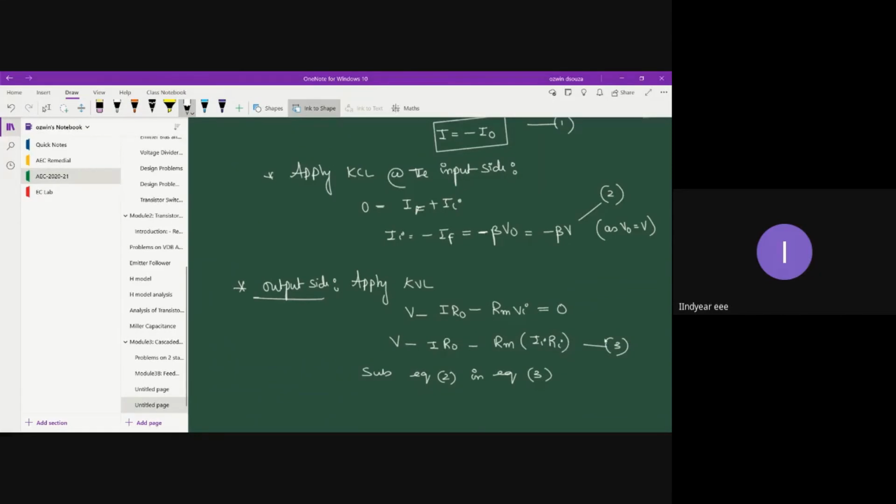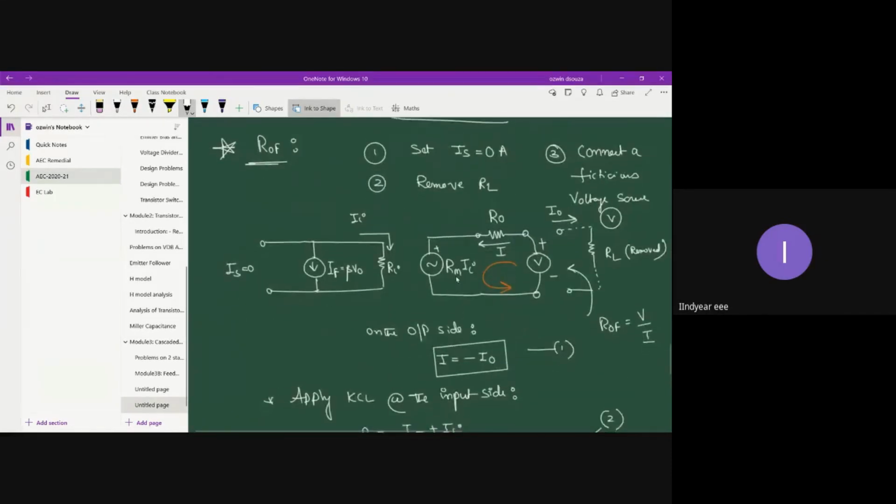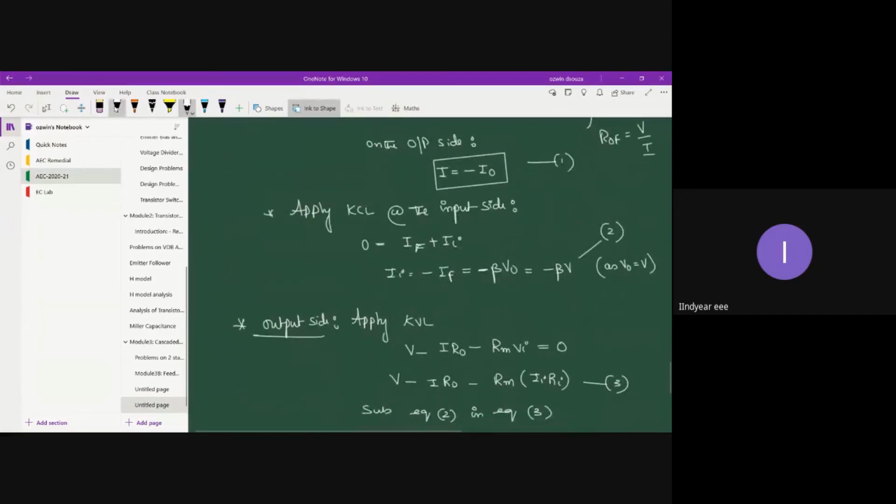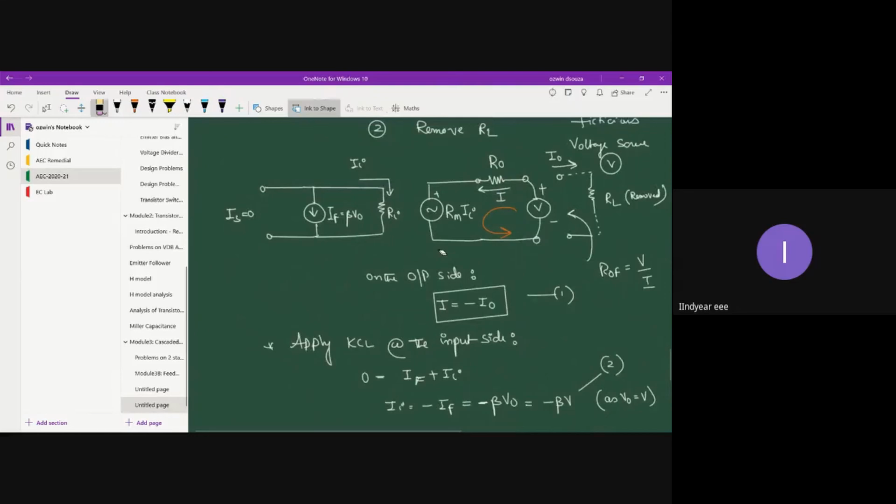Just a minute, because we want everything in terms of the output. Sorry, this is RM into II. My bad. Yeah, this is RM into II. Correct?